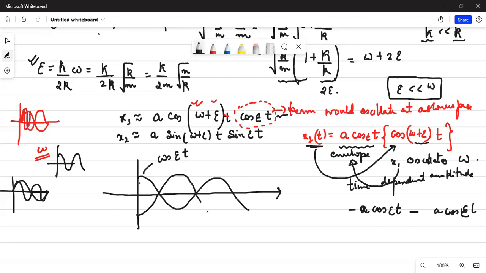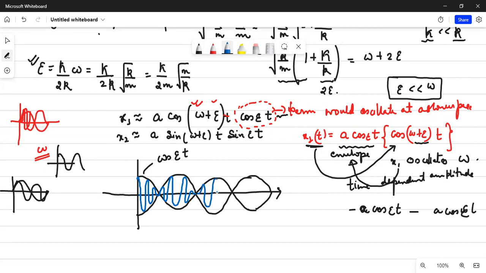This will form an envelope in which your x1(t) is dominantly executing oscillations with frequency omega. So what is going to happen? This particular thing will start oscillating in a manner of cosine only. Is that clear or not clear?